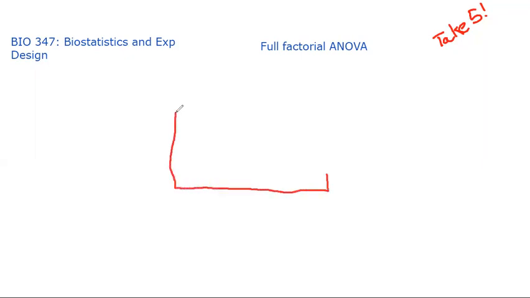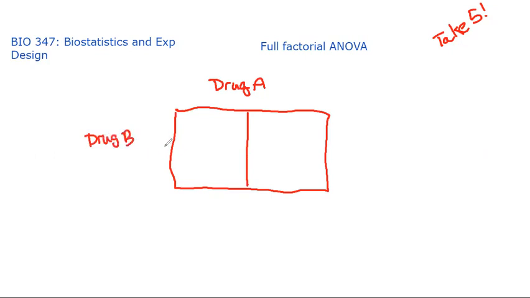We'll just call them drug A and drug B. In drug A, we're interested in the levels: low dosage and high dosage. Drug B, different take. This drug can be dissolved in water or ethanol.